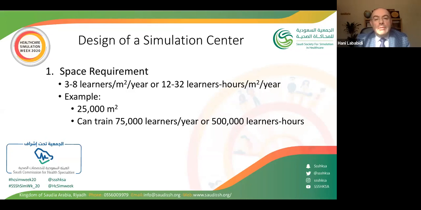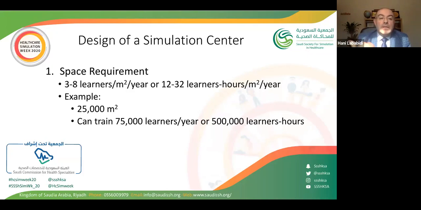What do we mean by learners' hours? If you have a learner who comes to your center and gets trained for 4 hours, so this is 4 learner hours. These learners come to your center 3 times a year, each time 4 hours, so 12 learner hours. So this is why learner hours is more specific, because some learners come for only 2 hours, other learners come for 3 days.